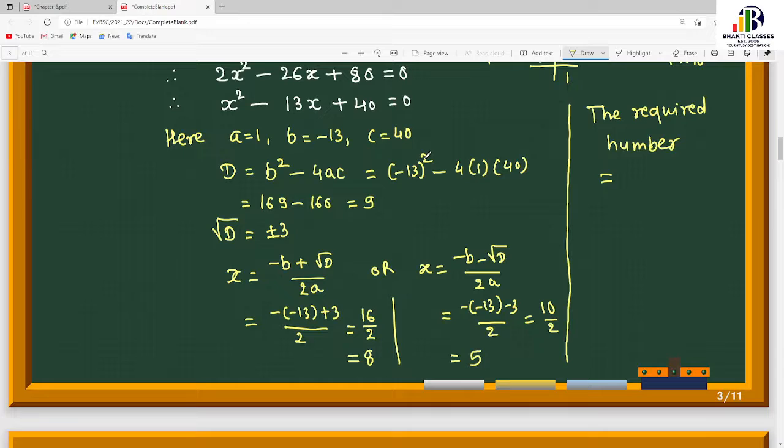So if x is equal to 8, then y is equal to 5. So 85 and 58, these two numbers are possible.